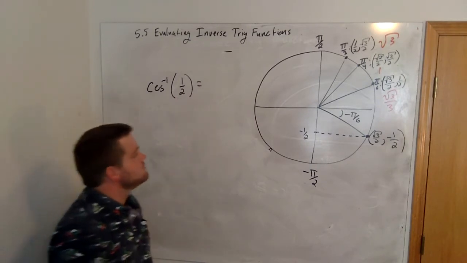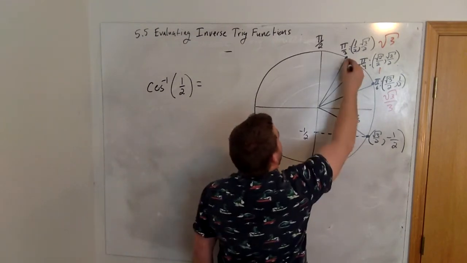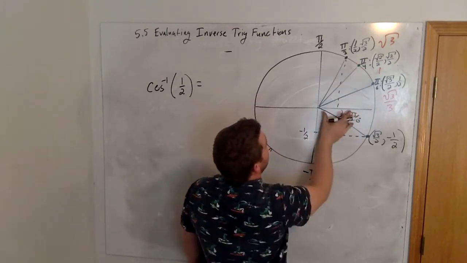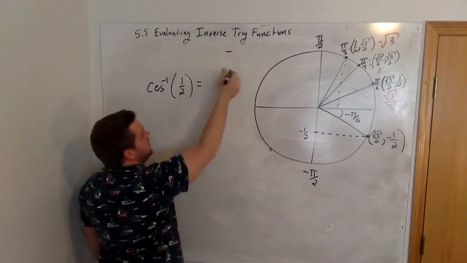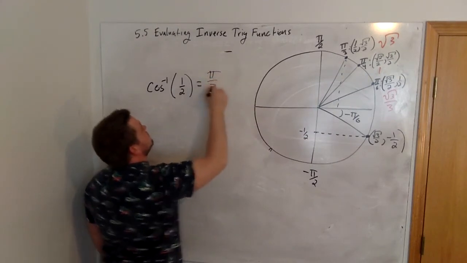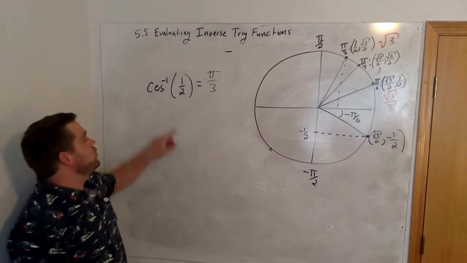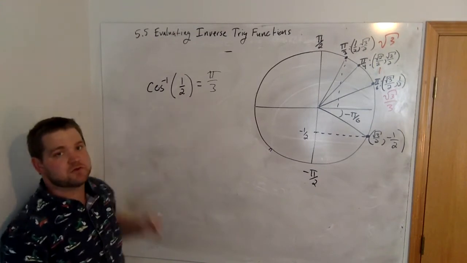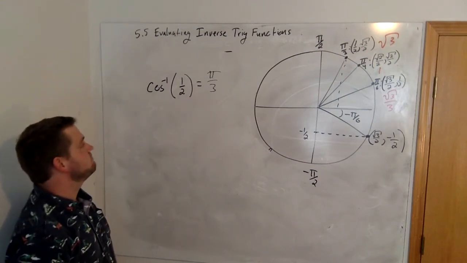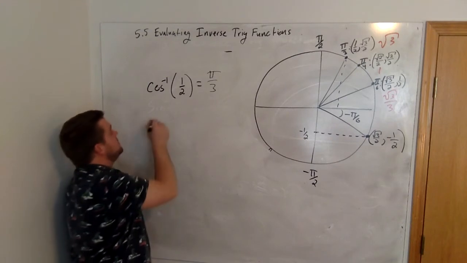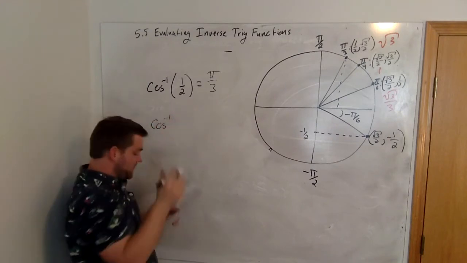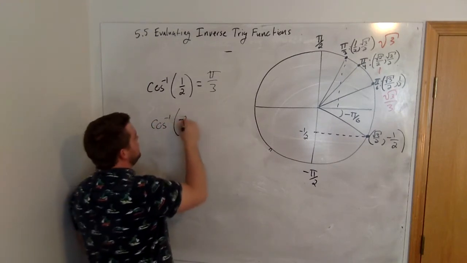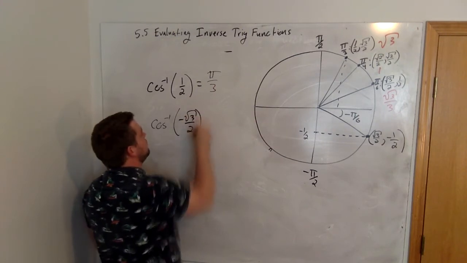If we look at our unit circle here, it looks like I'll get an x-coordinate of 1/2 at pi over 3. So at what angle do I get a width of 1/2? An angle of pi over 3. This is the answer.